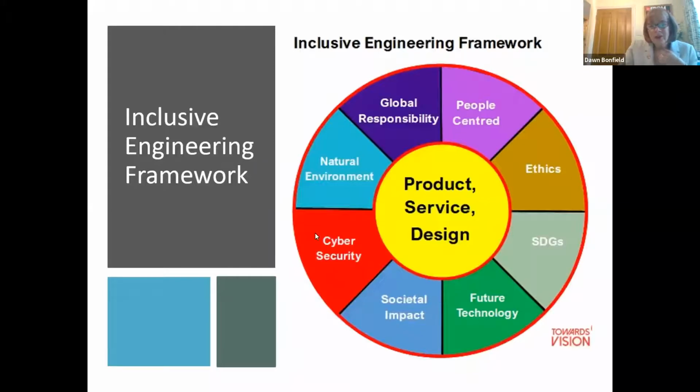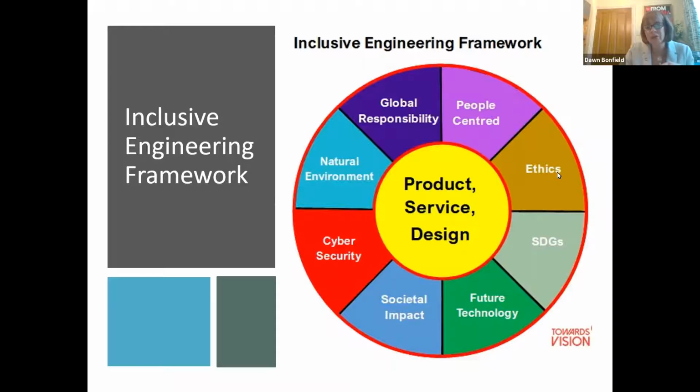And this is the framework that I've been developing whilst I've been at Aston. So in the middle there are the products, the services, the designs, the things that we produce. And then round the edge are the other factors that we have to be considering all the time when we're thinking about new designs. So people-centered is the one that I'll talk most about today, probably up here, but other ones that I'll talk about: societal impact, future technology.